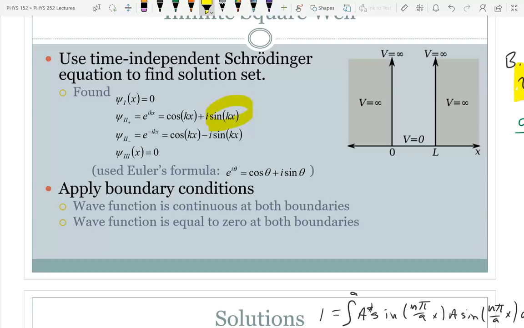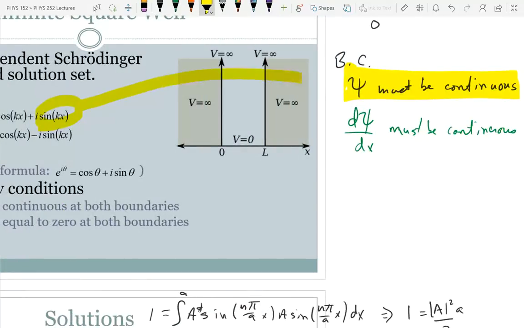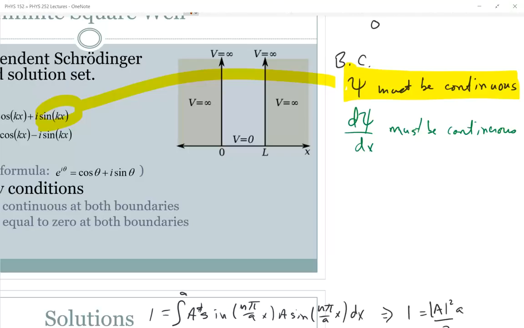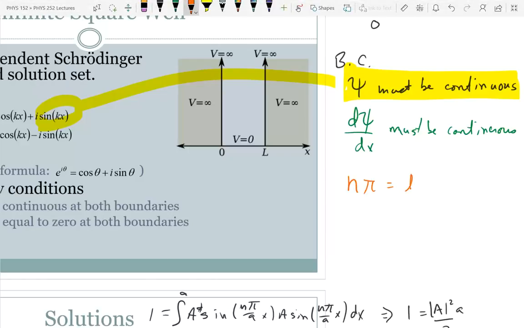So kx has to be equal to an integer n times pi to match the boundary condition here. And so that gave us the condition that n pi is equal to kL. Therefore, k has to be equal to n pi over L.